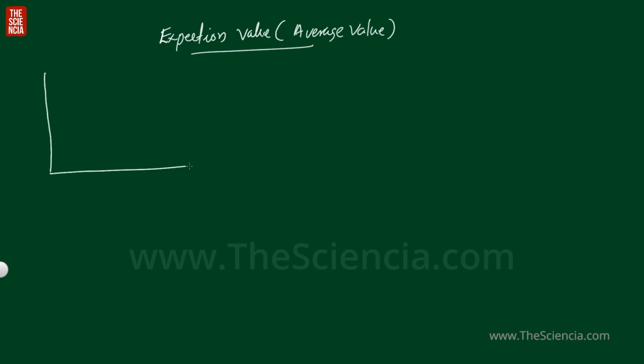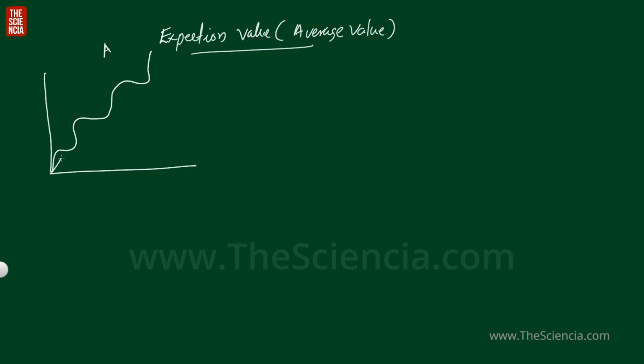Expectation value is nothing but average value. Let us consider a quantity A. So this A has a certain variation. Now I am going to find out its expectation value, that is its average value.